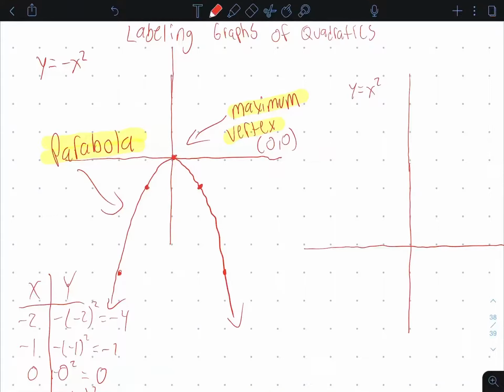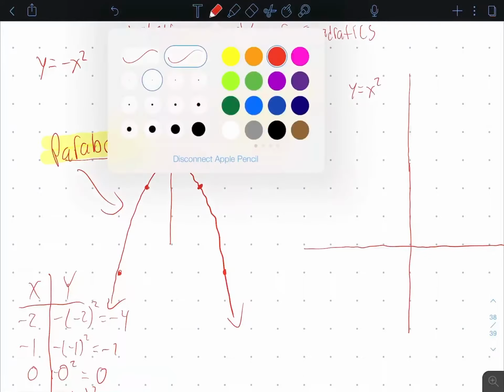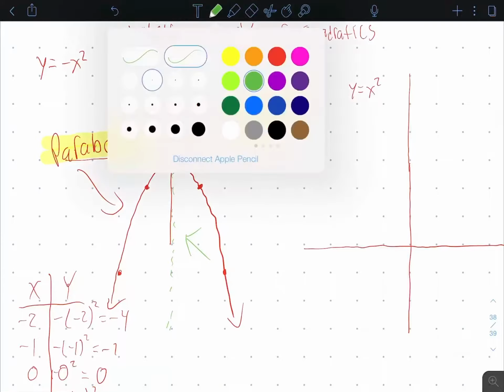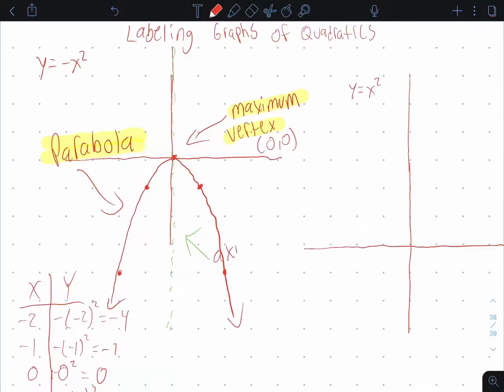And lastly, we have the middle line, the one that goes straight through the middle where everything is symmetric around. So this is called the axis of symmetry.